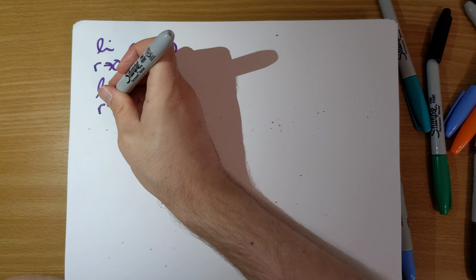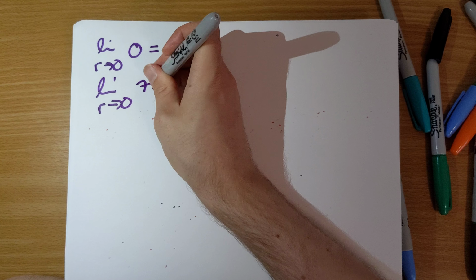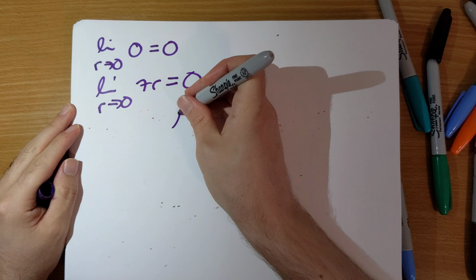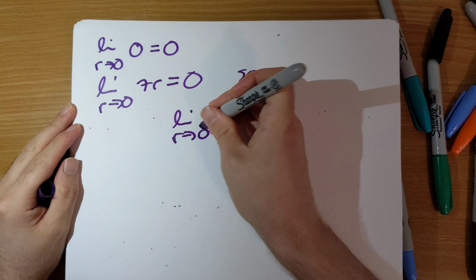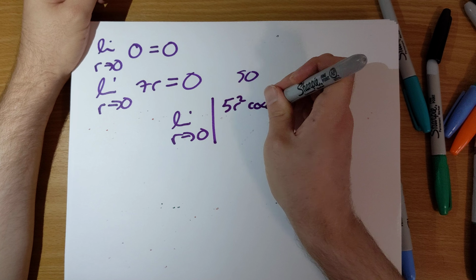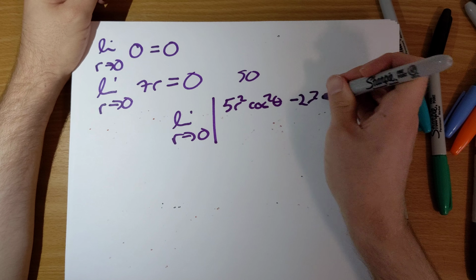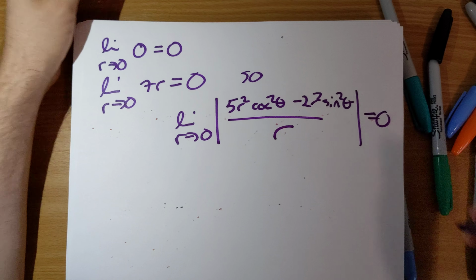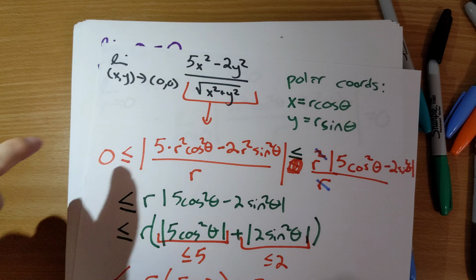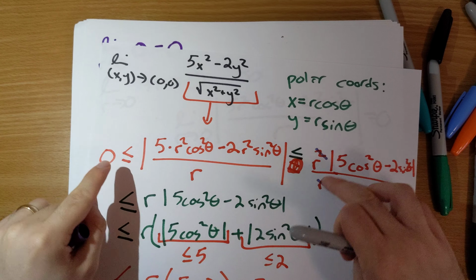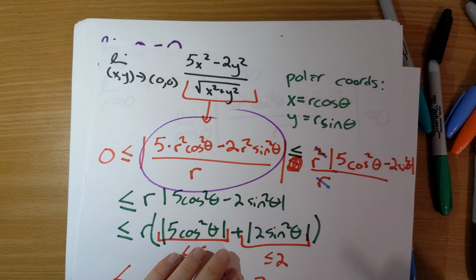The limit as r goes to 0 of 7r is also equal to 0. So the limit as r goes to 0 of the absolute value of 5r squared cosine squared theta minus 2r squared sine squared theta, all that over r, must also equal 0. The limit of this is 0, the limit of this is 0, so by the squeeze theorem, the limit of this term must also be 0.